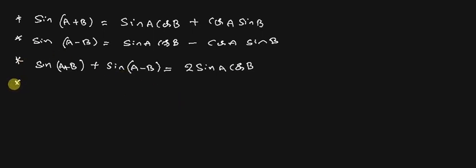Next, what happens if we subtract the second result from the first one? The first one is sin of a plus b. That means sin of a plus b minus sin of a minus b is how much?